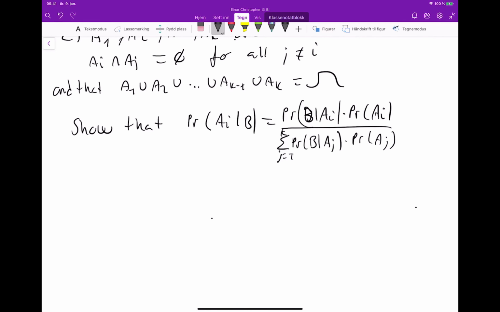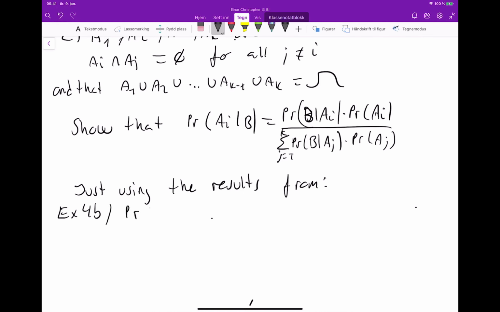And this we will do just using the results from exercise 4b, where we found that the probability of B is equal the sum j equal 1 to k, probability of B given Aj times the probability of Aj.